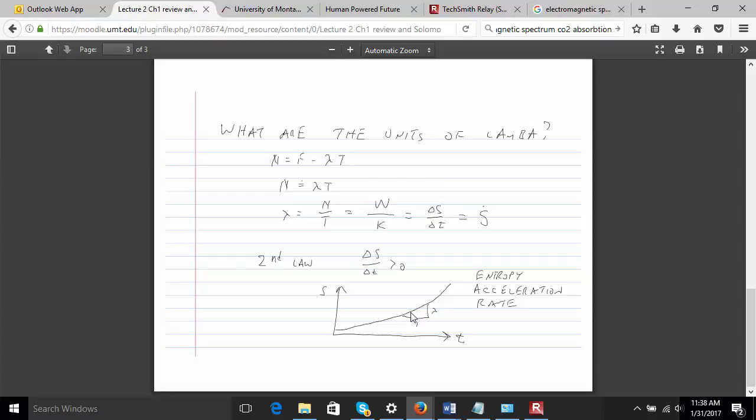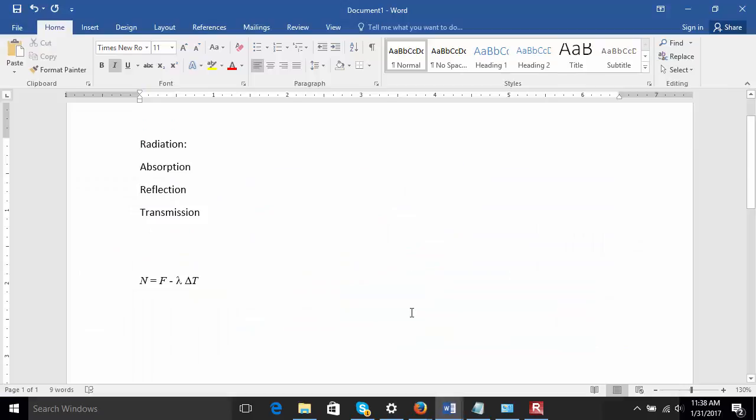And let me give you one more little equation here, because we know that S, entropy, or the change in S, let's do it this way, equals the change in heat over whatever temperature we're operating at.